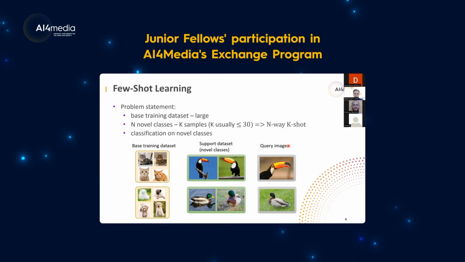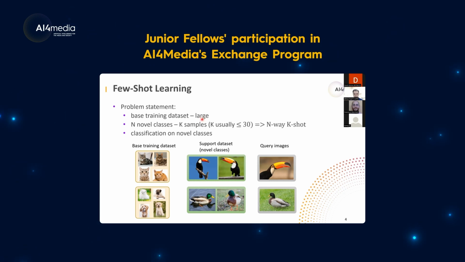In few-shot learning, the problem statement is as follows. We start with a classifier or a detector or any kind of system, which we train on a base training data set. This base training data set is quite large, so it's the usual norm, for example, ImageNet and stuff like that.